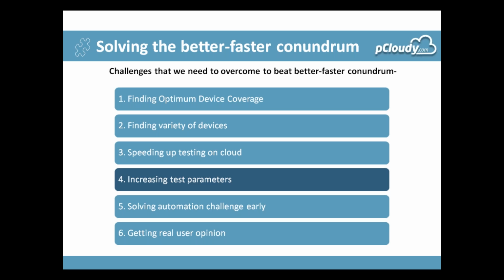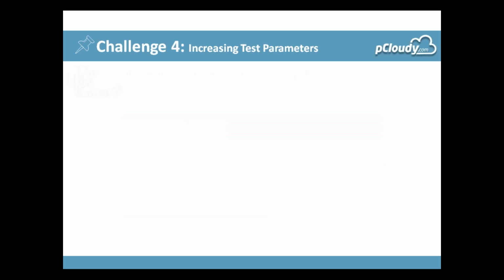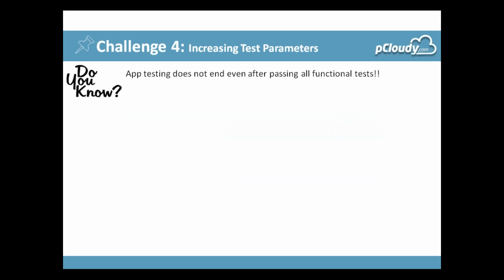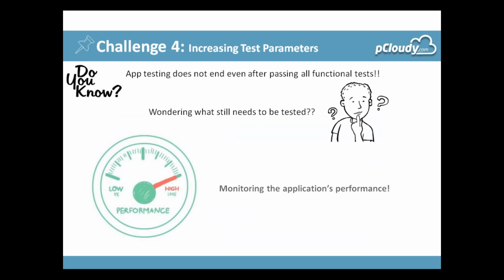That's one of the key criteria which defines the success of a mobile application. So not only the functionality testing part of it, performance testing of the application is a very important activity in the context of mobile app testing.